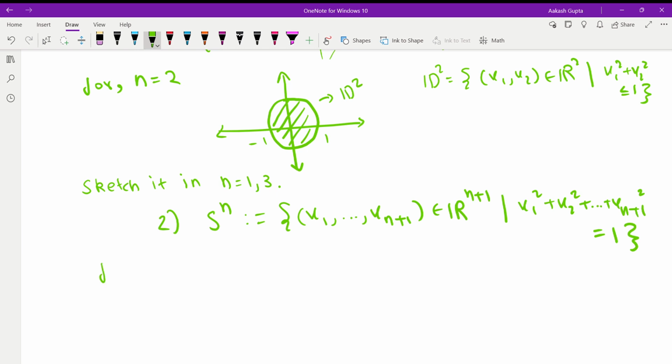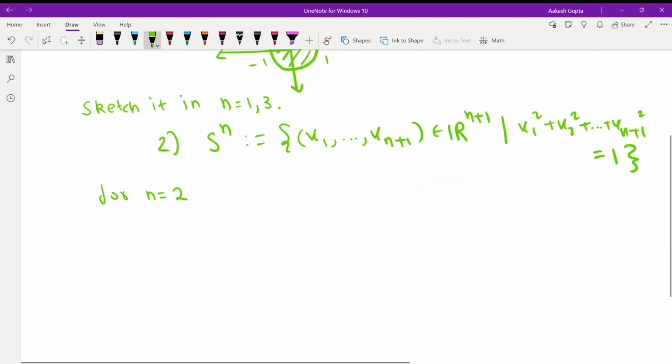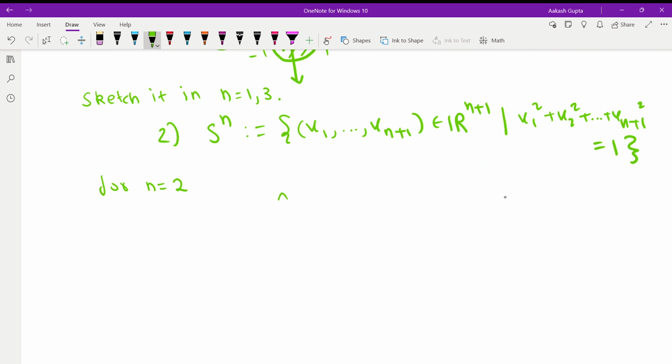So say for n equal to 2, what is it? Remember, it should be in R3. Sorry for the bad sketch, but something like this, right? Unit sphere. So this is your S2.